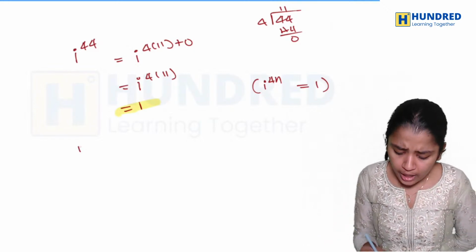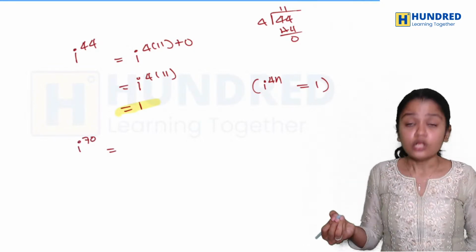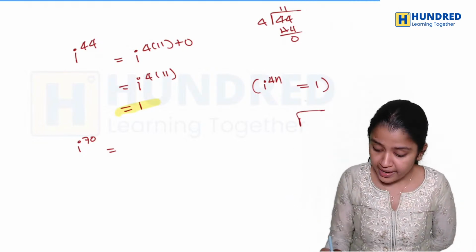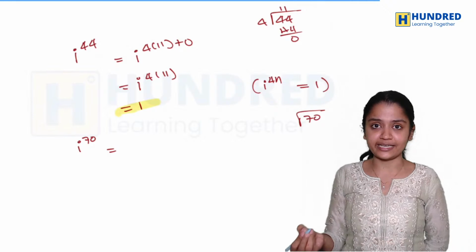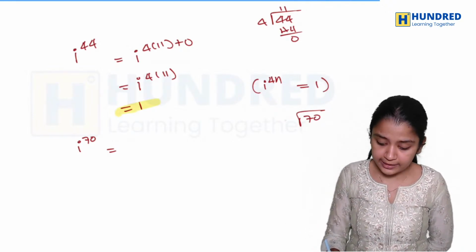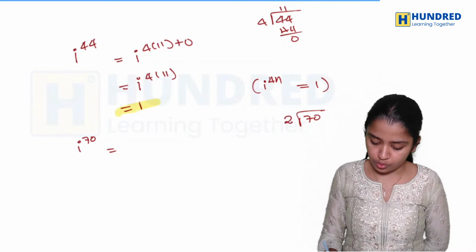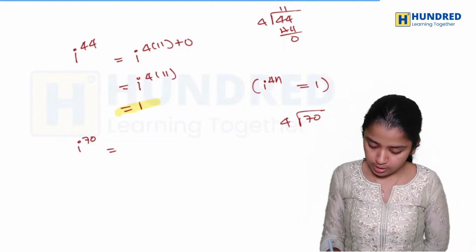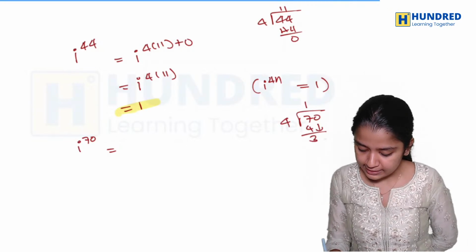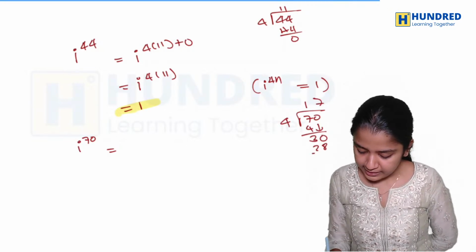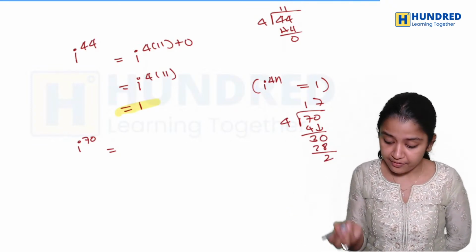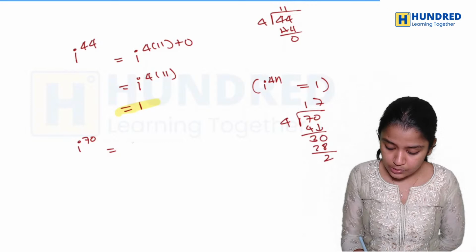So what about i power 70? Again I will divide and check. If I divide 70 by 4, 4 times 17 is 68, so you'll have a remainder of 2.